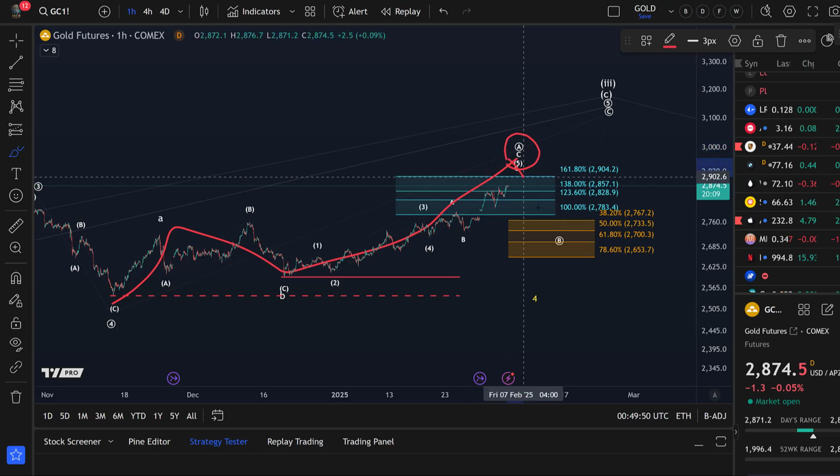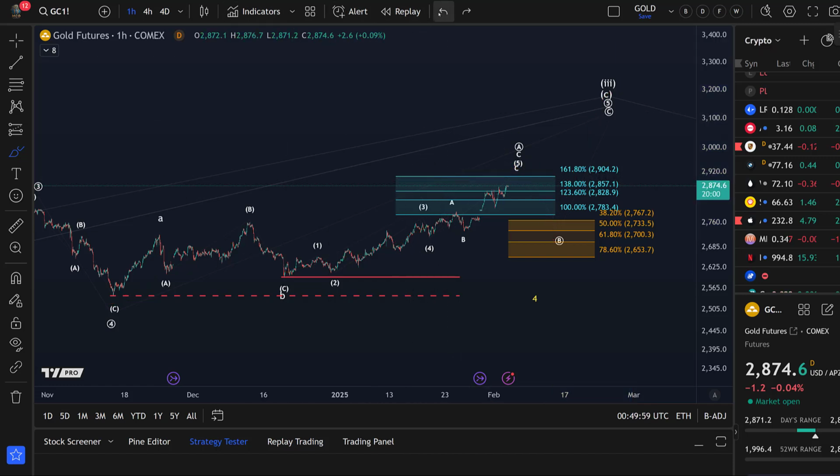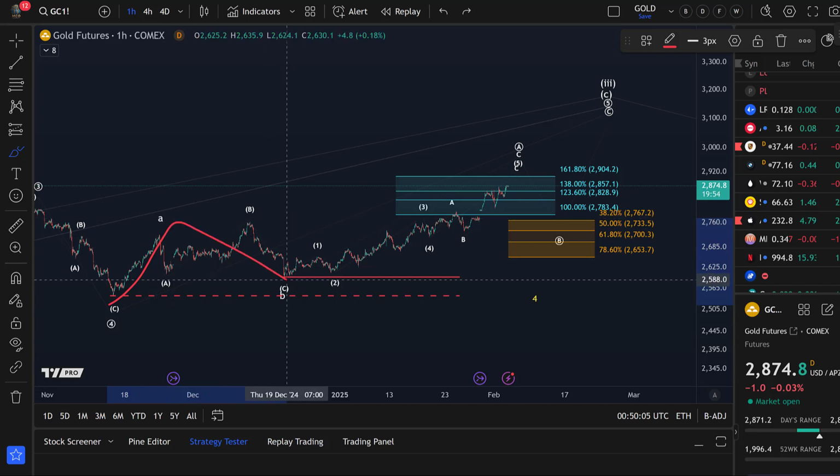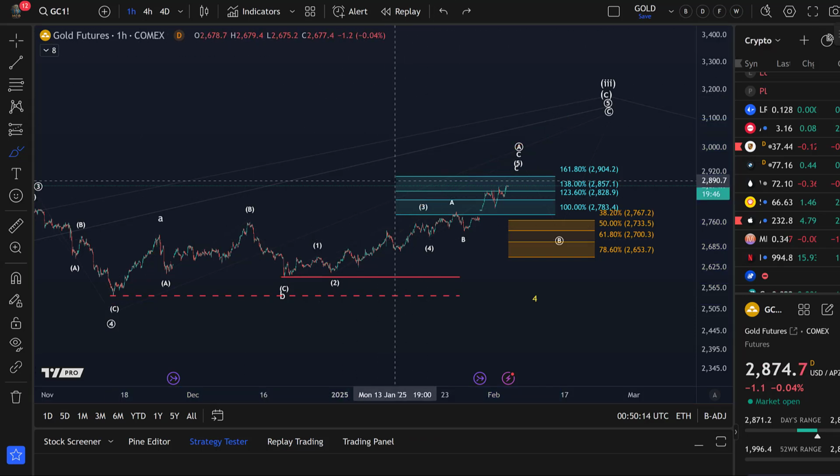Then we get a B wave, and then we get the C wave, which should take us to 3,000 and above. But because this A wave is getting so extended, I am considering as an alternative pathway that this is A, B, and this C wave is just extended and does it straight away, in a very direct fashion. So this is definitely something to consider.